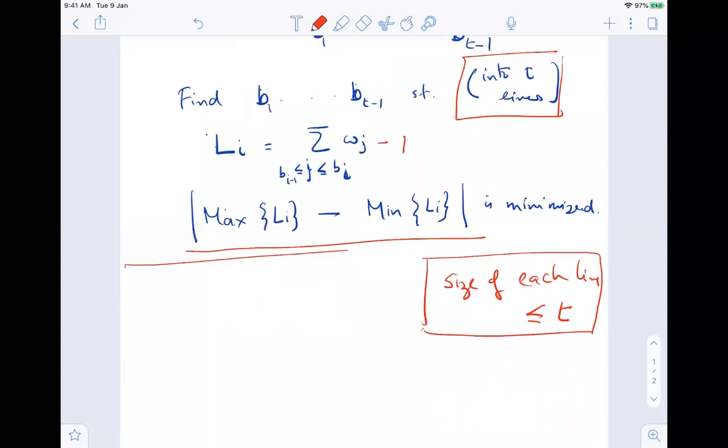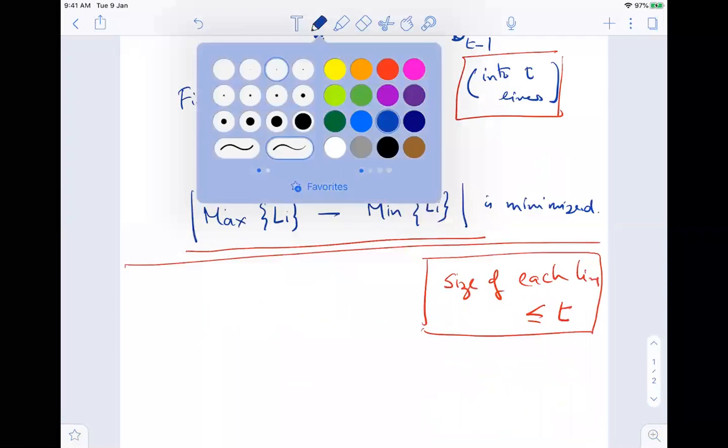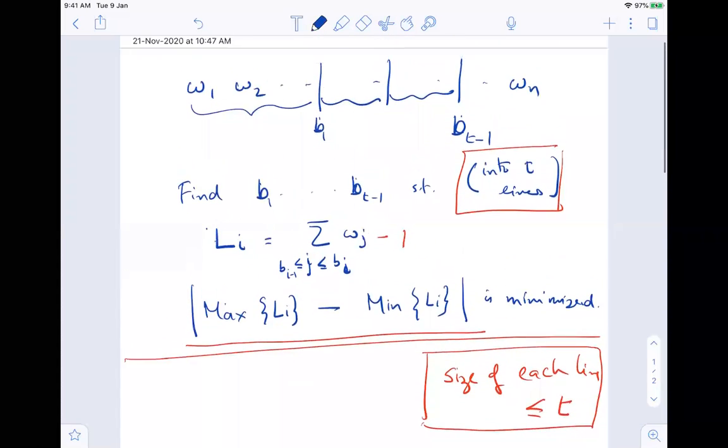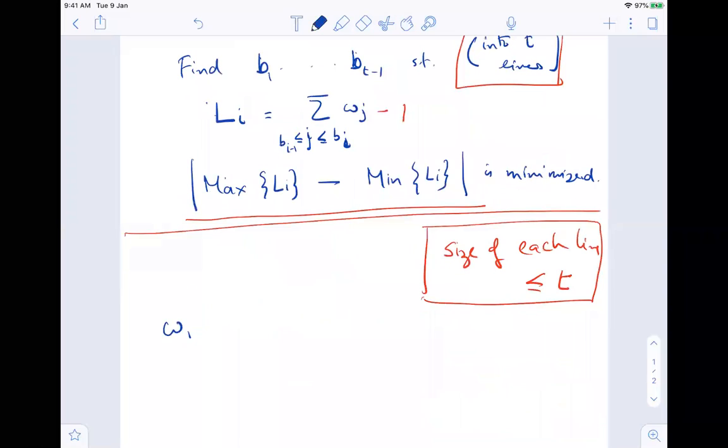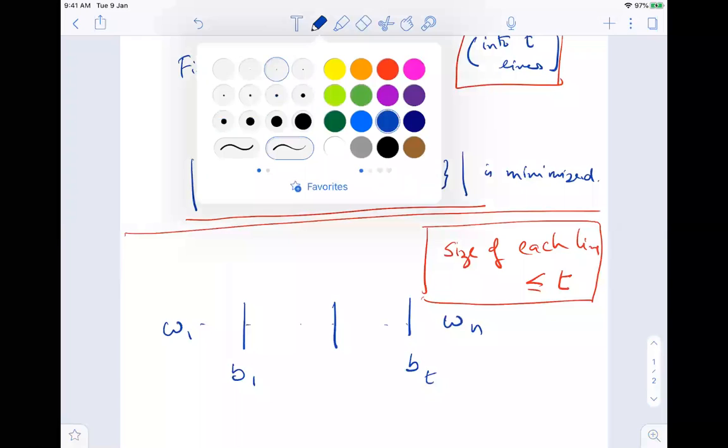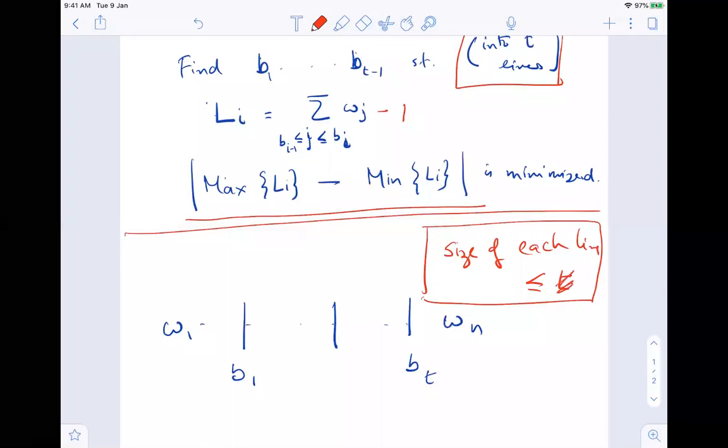The idea is the same. So you want to partition it into lines, exactly here, right? So you have this W1 to Wn, and you want to partition this whole quantity into B1 to BT, and maybe I should change this one, whatever is written. So this one is that the length of each line is at most L, right?